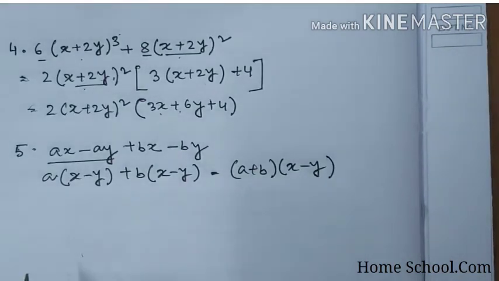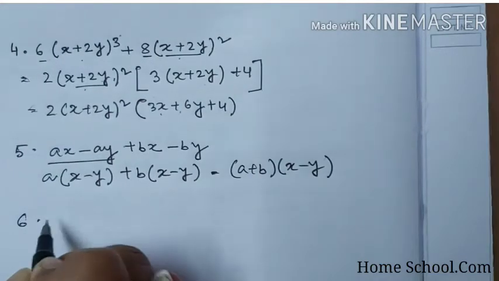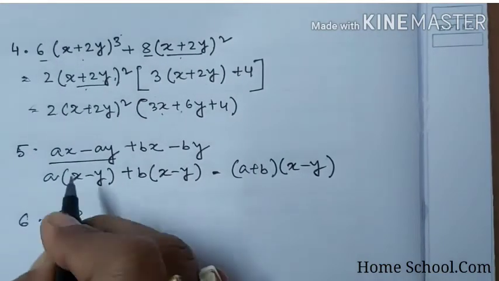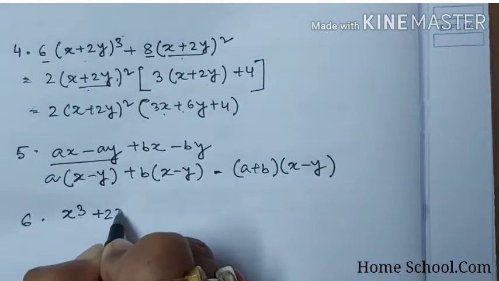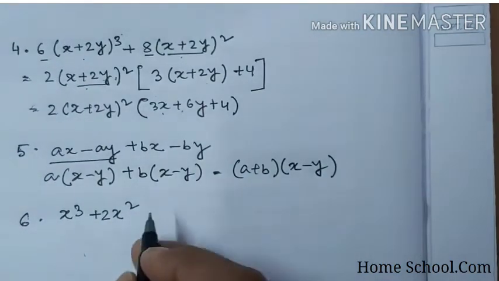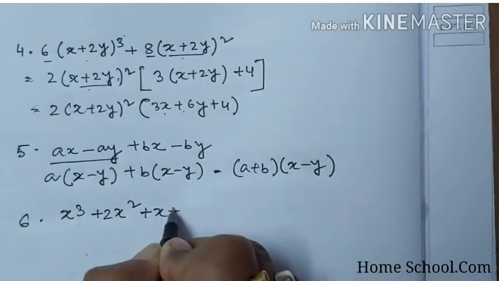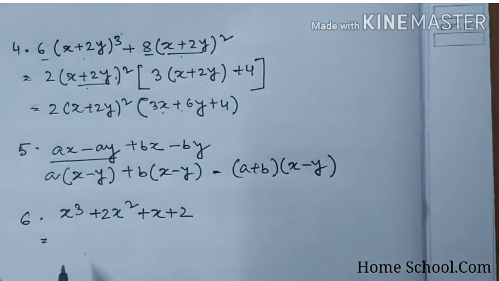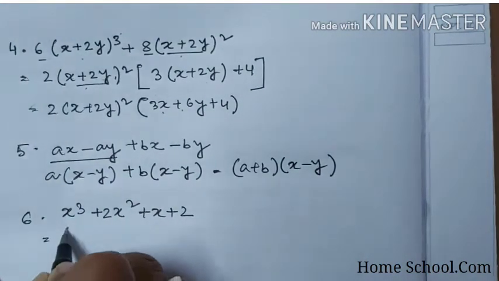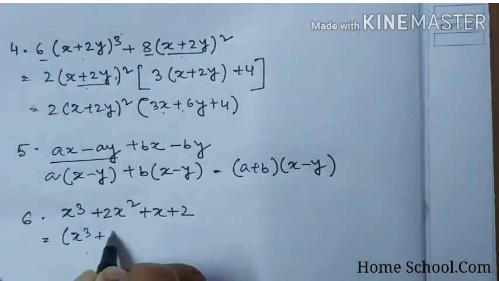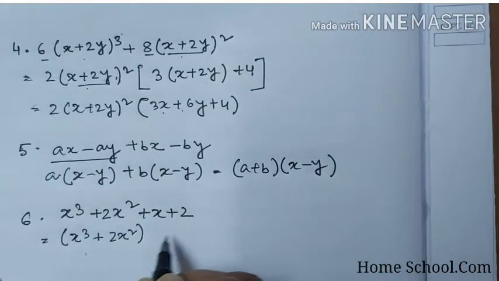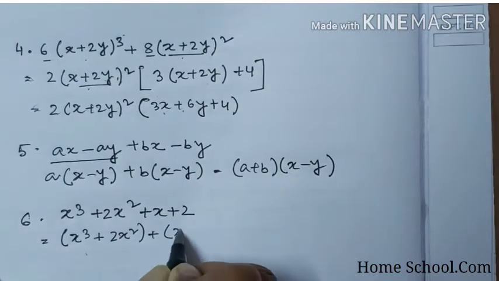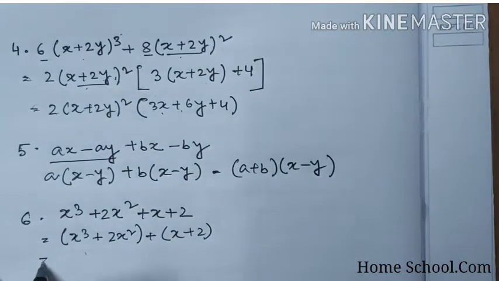Now let us take another example. x cube plus 2x square plus x plus 2. How can you solve? Let us group it first. x cube plus 2x square is one group. x plus 2 is another group.